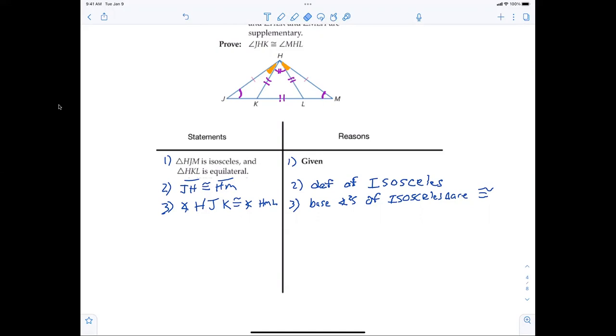But what can I say? Go ahead, Walt. Well, if you use the supplementary and. Yeah. But why? That is 100% correct. But before you say that, then you'd have to say, Walt, HL is supplementary to.